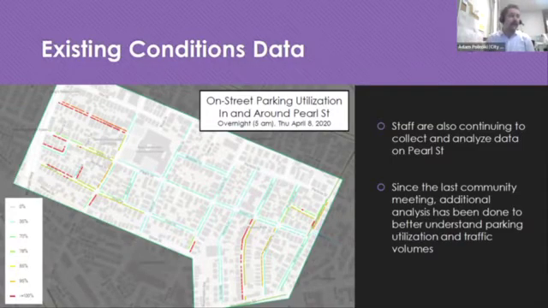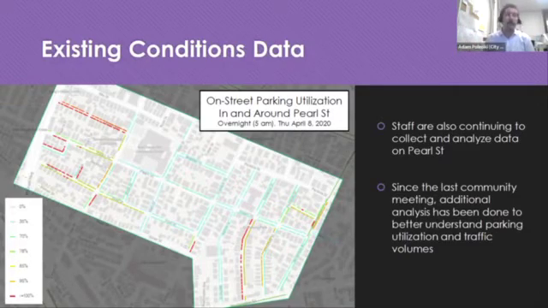The image on the left here shows how many cars are parked on a given block, either on or near Pearl Street, compared to the total number of available spaces. So that little legend you see in the bottom left corner is essentially a percentage of spaces filled.